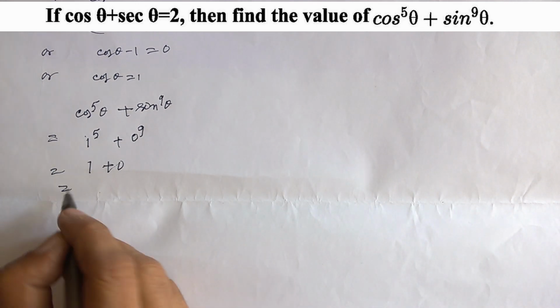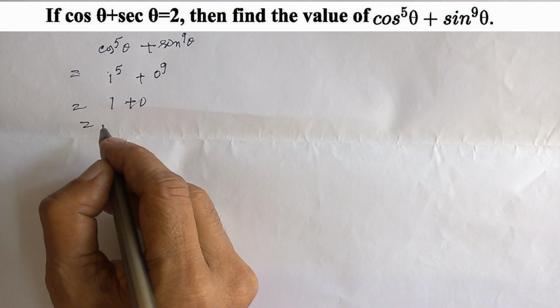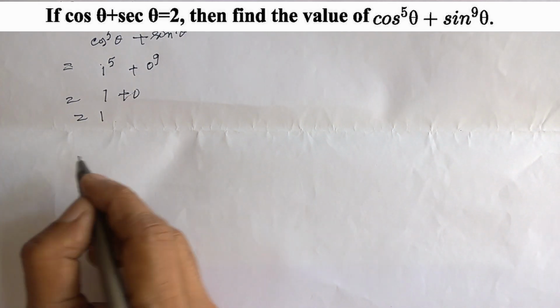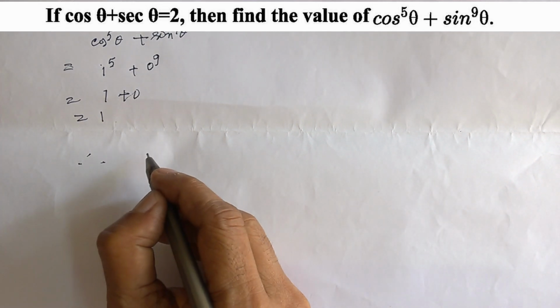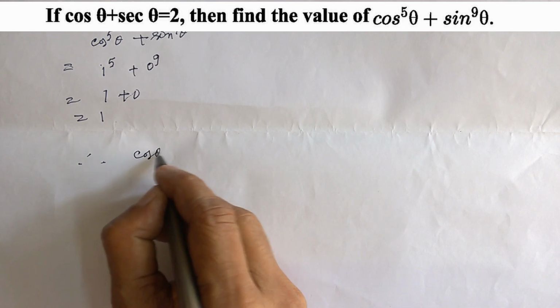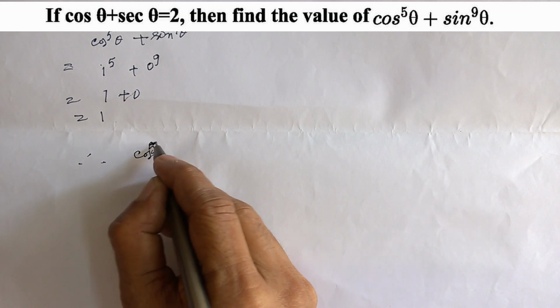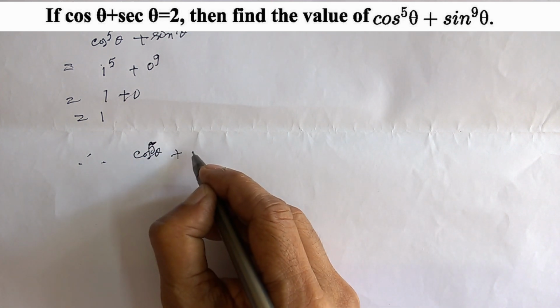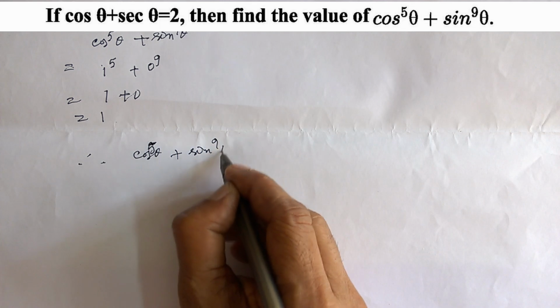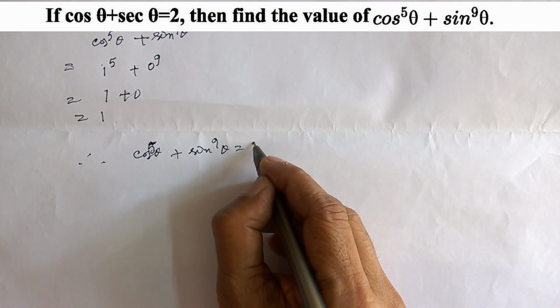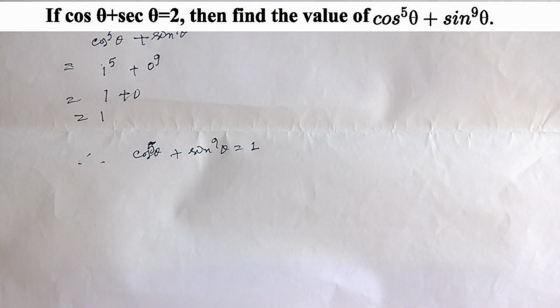So the final value is 1. Therefore the required value of cos to the power 5 theta plus sin to the power 9 theta is equal to 1. Thank you all.